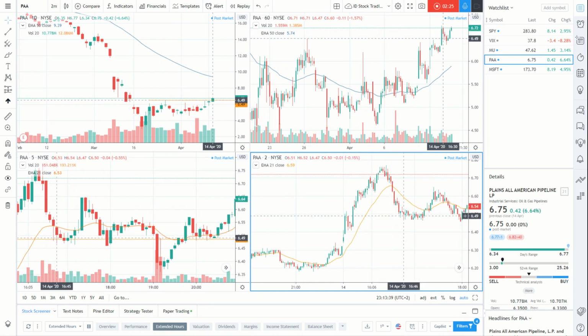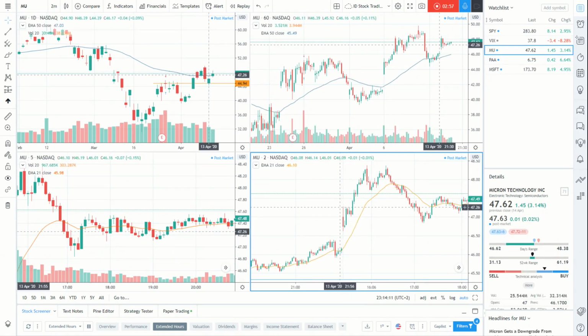So I actually closed it early at around 0.5% loss because of this sudden move down. And even as the S&P started climbing again, the PAA didn't show really much of a strength. So at around here I exited the position.